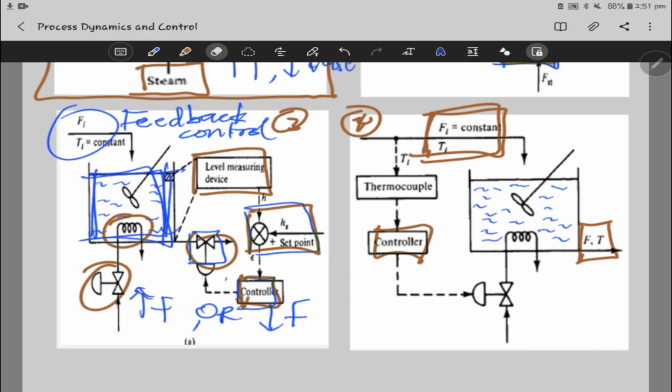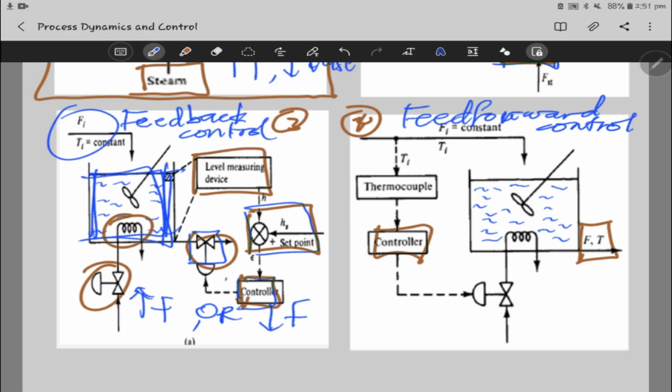So here is what we call the feed-forward control. What it does is that it makes predictions and controls the system. The system has been described already, and it makes predictions and knows that if the temperature or the flow rate increases to a particular value or decreases to a particular value, we won't have this output how we want it to be.